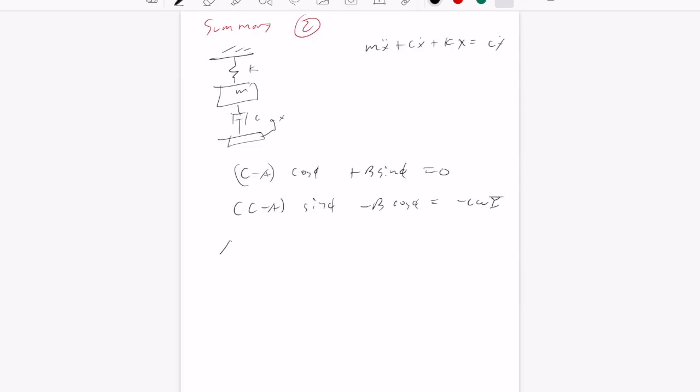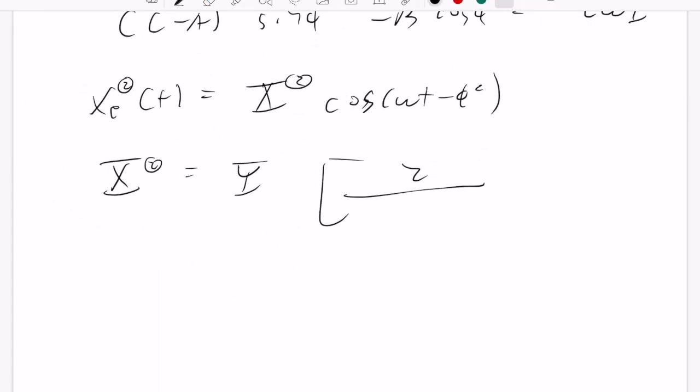Okay. Then our particular solution for case 2 is equal to the magnitude x for this solution, cosine omega t minus phi 2, where x2, let me write that a little bit neater, is equal to y times 2 zeta r. Make that a little bit neater, bigger there. That'll help it.